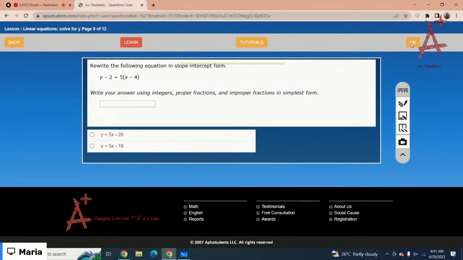Next, y minus 2 equals 5 times x minus 4. So which is the correct option? Option number 2 is the correct option.